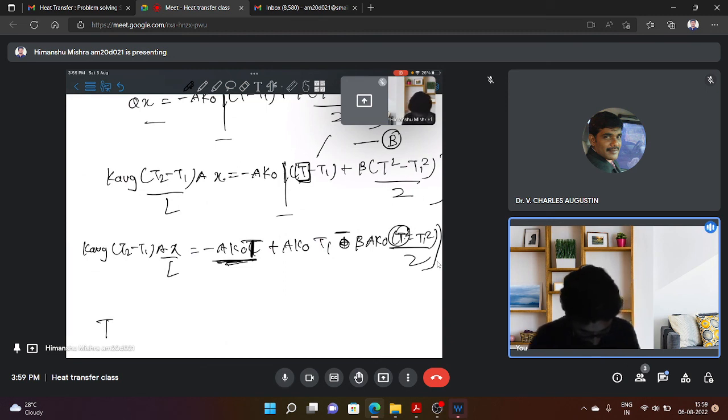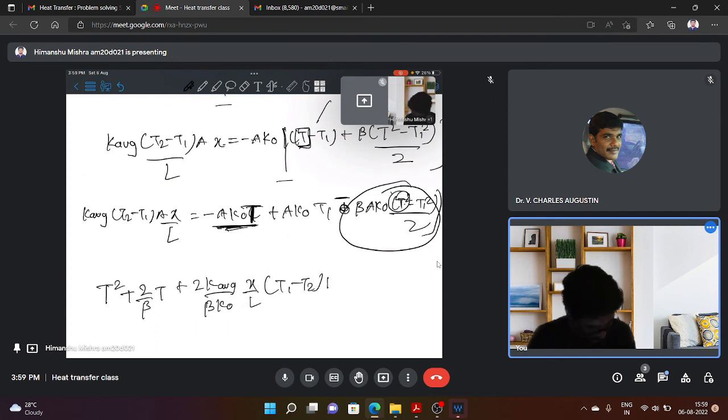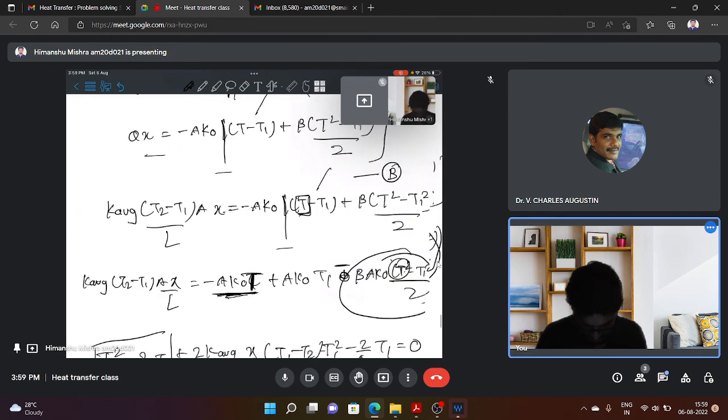So putting this and this expression on the left hand side, we can obtain T square plus 2 by beta T plus K. So this will be my temperature distribution here for this problem.